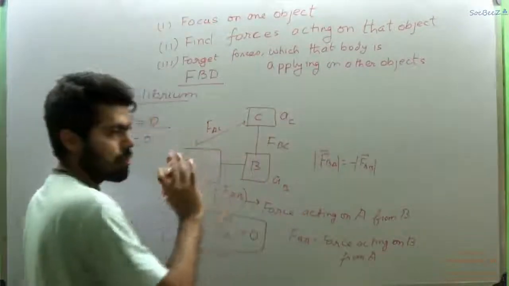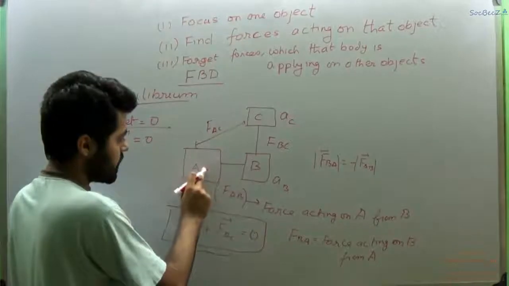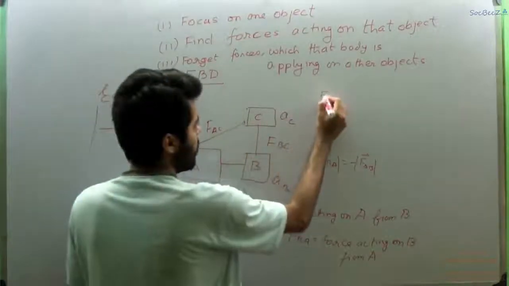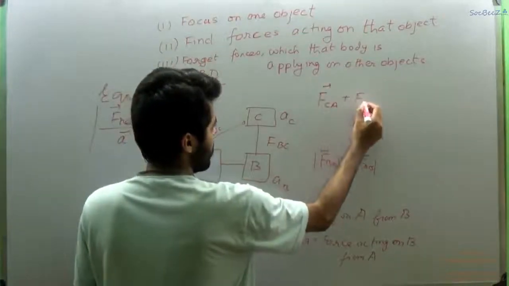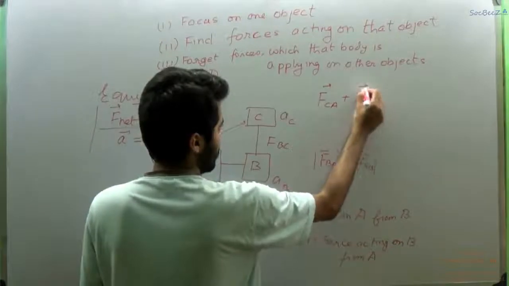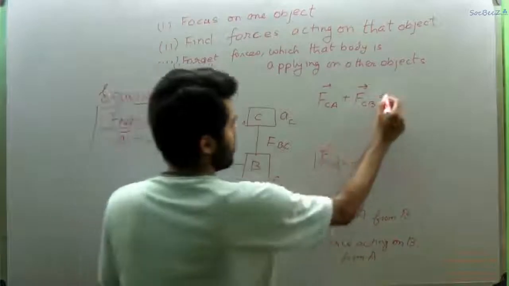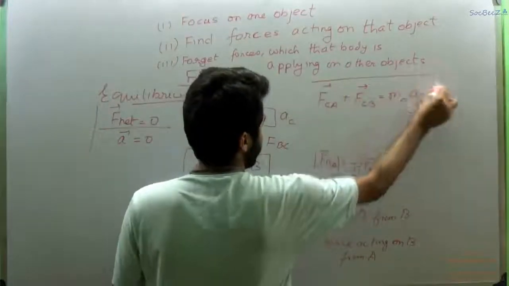We will write all the forces acting on C. The sources of force are object A and object B. So the first force will be force CA plus force CB, and that will be equal to, using Newton's second law here, mass of C into acceleration of C.